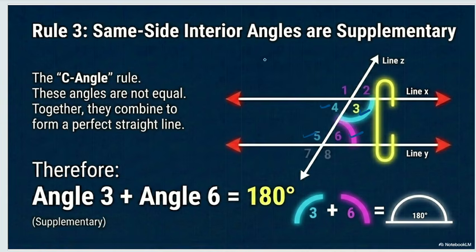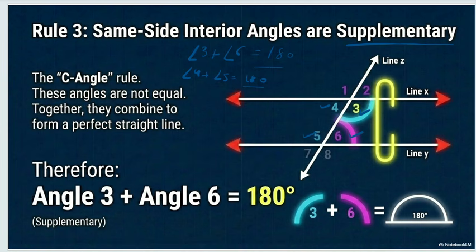When the lines become parallel, the angles lying on the same side form 180 degrees. So supplementary means the sum of the angles is 180. So angle 3 plus angle 6 is equal to 180, and angle 4 plus angle 5 are also 180 degrees in the case of parallel lines.